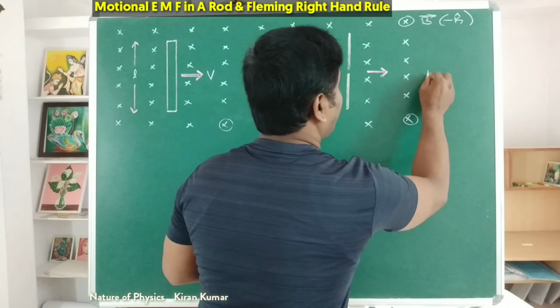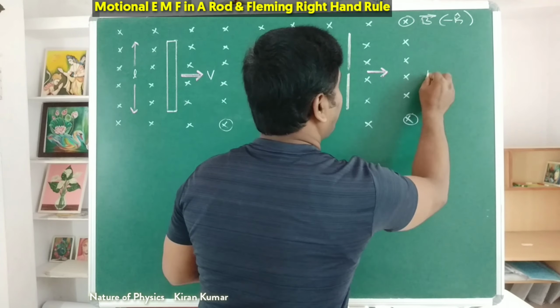Now this conductor has free electrons and positively charged ions. That's why the positive ions move in the upward direction and the negatively charged electrons move in the downward direction.